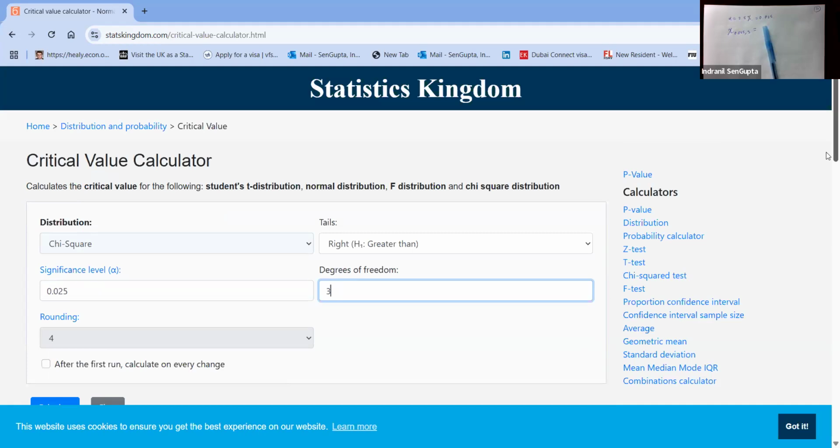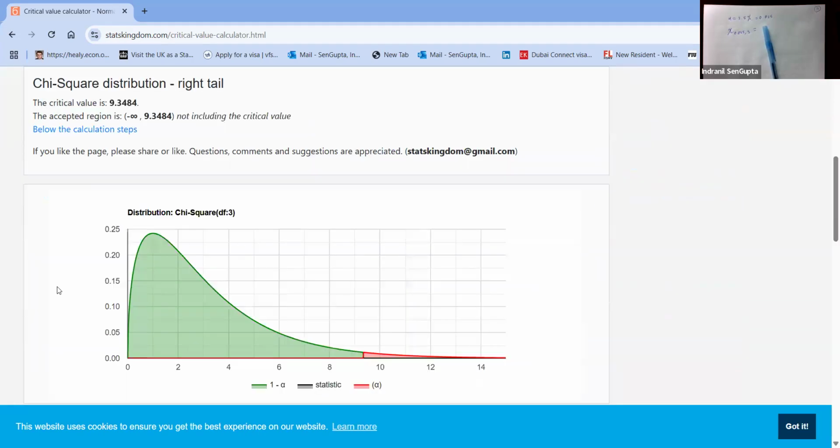If I calculate this, I get 9.3484. I'm just trying to see if the answer is correct. Yes, it is, 9.3484.